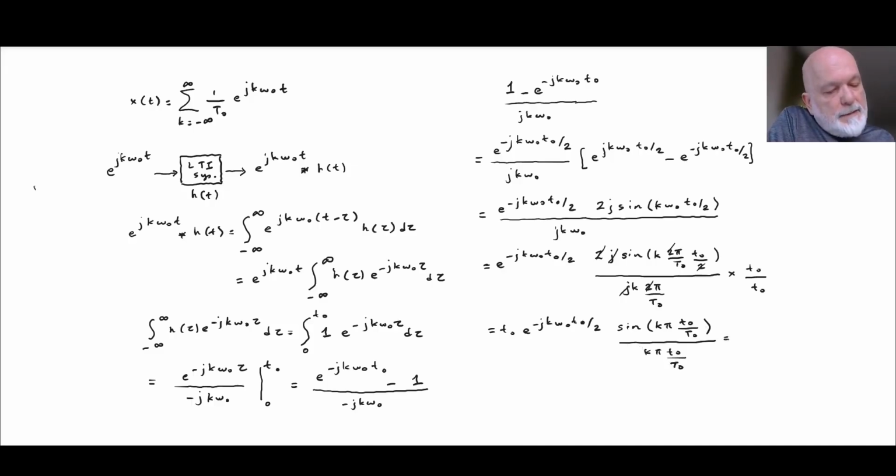So the result is t0 e to minus jk omega 0 t0 over 2 sinc, okay, sinc function of k t0 over capital T0.